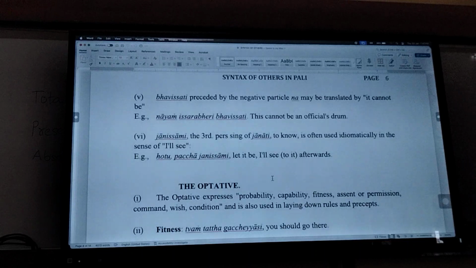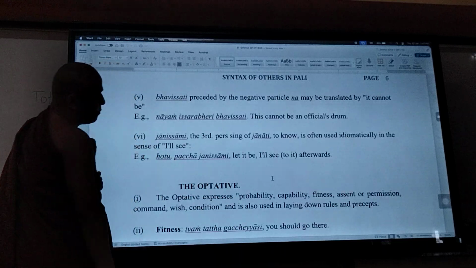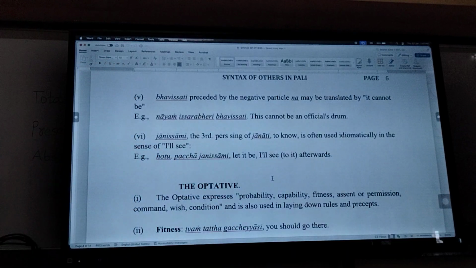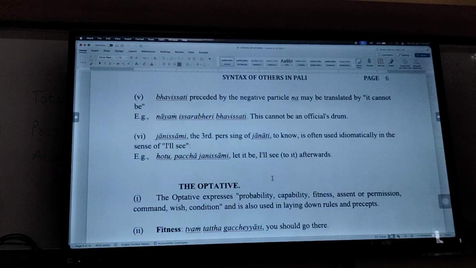"Leave it, let it be. Later I will know that, I will see that." Instead of saying "I will know that", it means "I will check it", so I will try to understand it. In this way also it can be found.